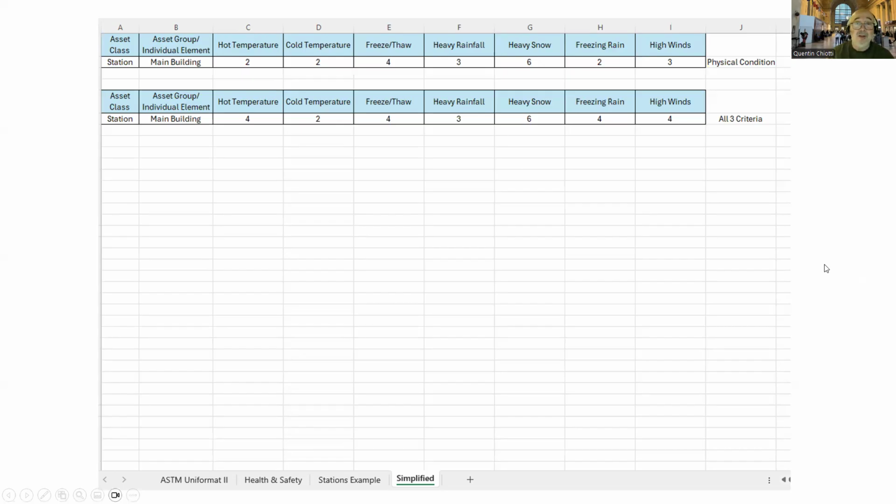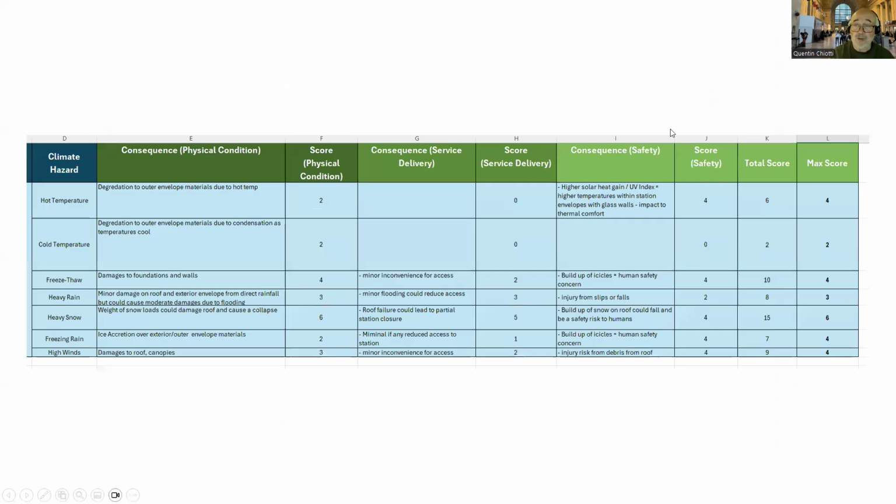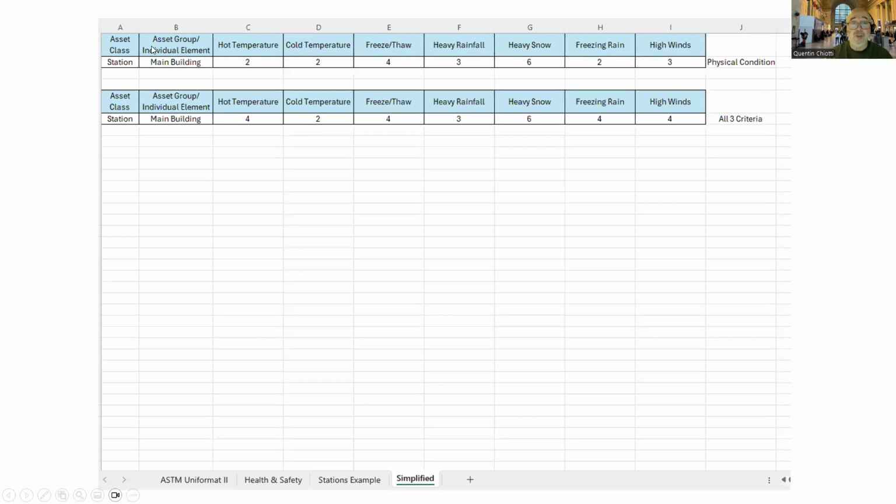But over here, oh, sorry, I was looking at all 3 criteria. I stand corrected. So I was looking at the maximum scores versus the physical scores and how they might change. And that's what we came up with. So there are some little subtle differences in terms of some of the scoring, and that'll have a bearing in terms of adding this to your probability and likelihood, and that'll give you your risk score.